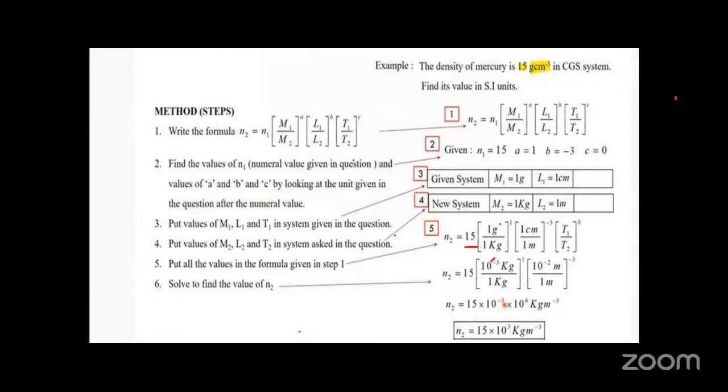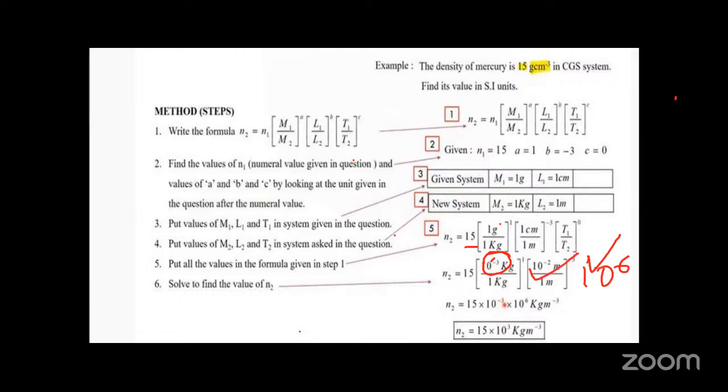So here our 10 raised to -3 will remain. But in this case, we have 10 raised to -2 in bracket raised to -3. So -2 times -3 will give us 6. So here we are going to have 10 raised to 6.